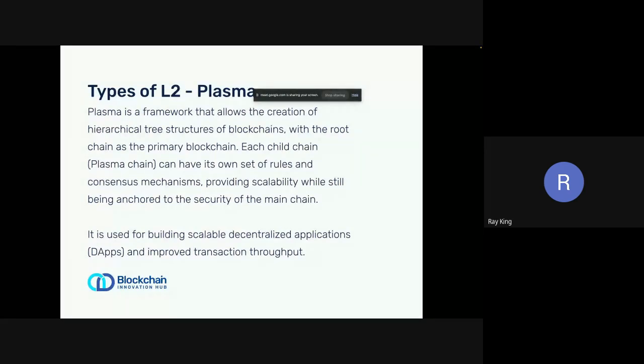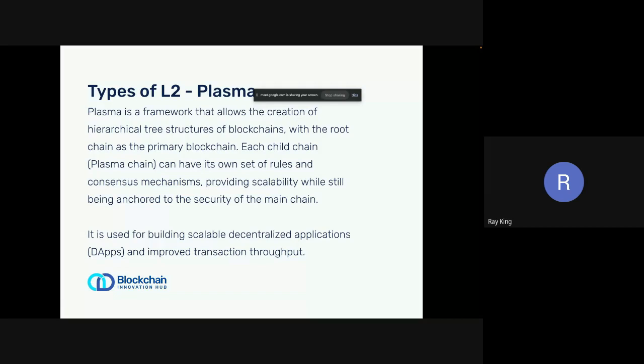Now, what is Plasma? Plasma is a framework that allows the creation of tree structures of blockchains. It is designed to improve scalability and to reduce transaction costs. Just like our moderator said, most of these solutions help in reducing transaction costs, that is, gas fees, and they also help in scalability.